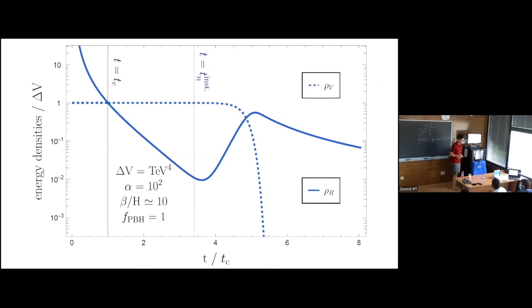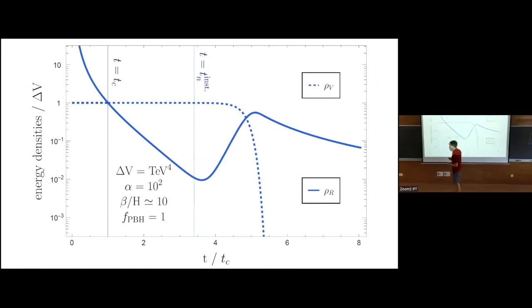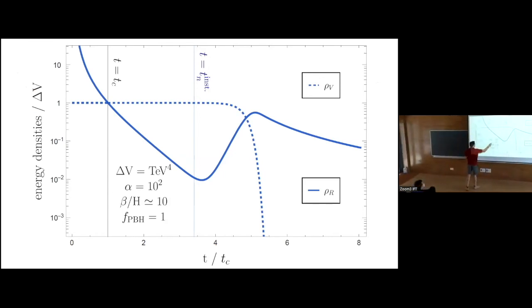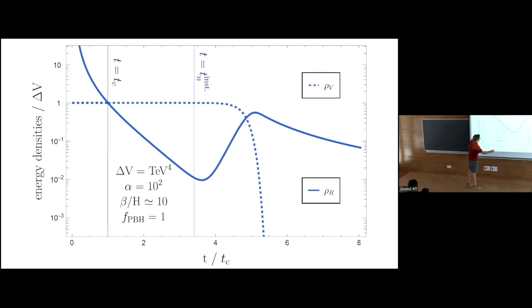Yes, that's the story. And okay, let's look more quantitatively now. So this, as I told you, are the two components of the energy density of the phase transition. Dotted is the vacuum energy, solid is the radiation energy, and these two lines are the critical temperature when you start inflating, and this line here is when nucleation starts to take place.